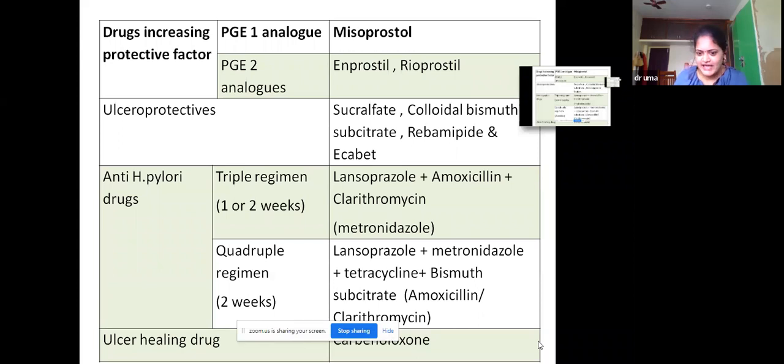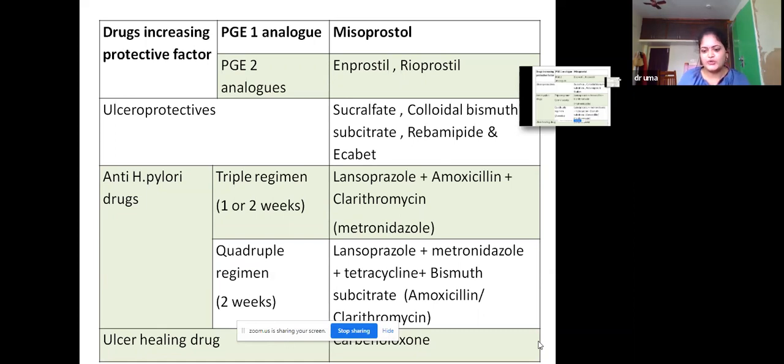It includes lansoprazole, metronidazole, tetracycline, and bismuth subcitrate. Instead of metronidazole and tetracycline, amoxicillin and clarithromycin may be used. The importance of this is that a most commonly asked question is, among the drugs, which are used for H. pylori? Next classification is ulcer healing drugs.